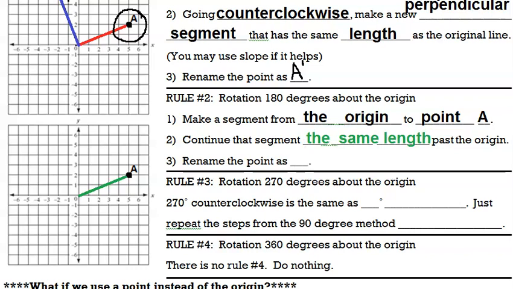So all I have to do is basically take that line segment that I drew from the origin to point A and then just go exactly the same distance in the other direction. And what I create when I do that is a straight line, and that straight line will lead me to my goal. Okay, so that is rule number 2.